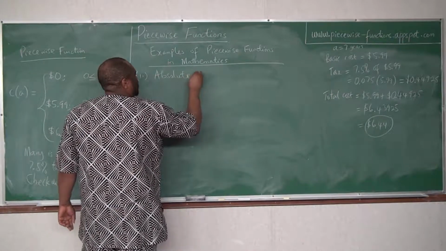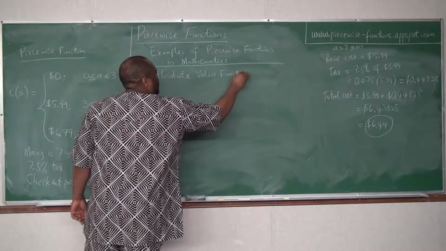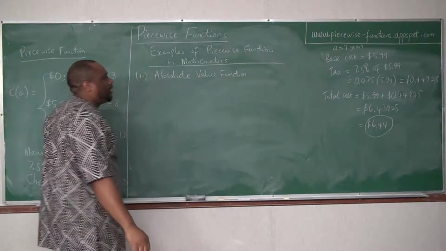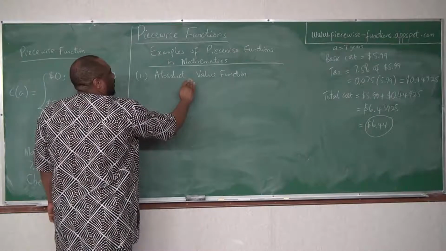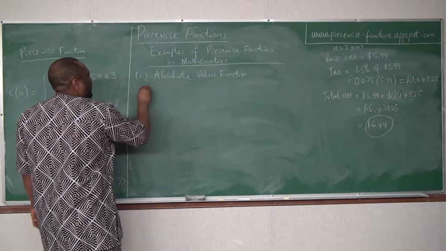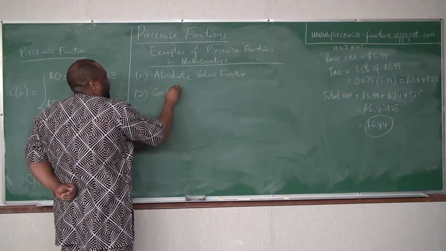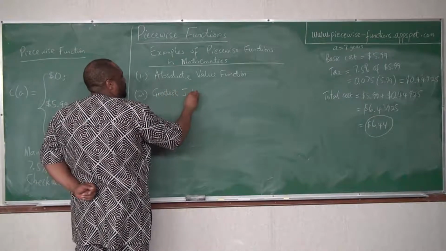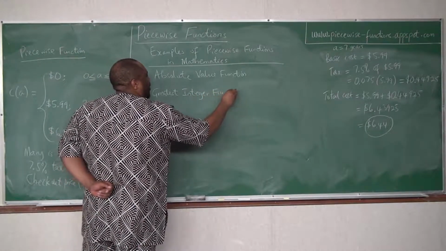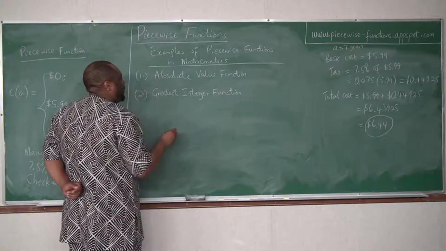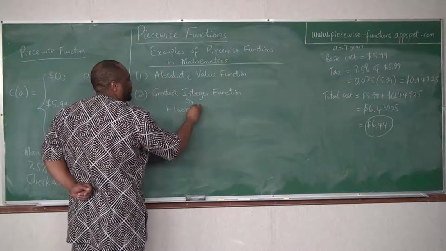The absolute value function is a piecewise function. Then the next one we shall talk about is the greatest integer function, or you can call it the floor function.